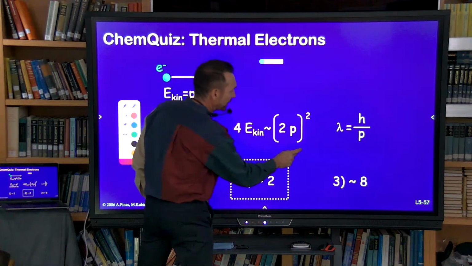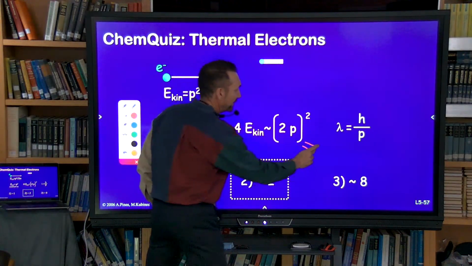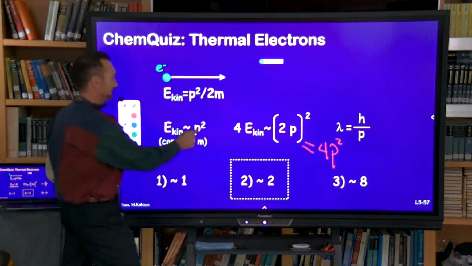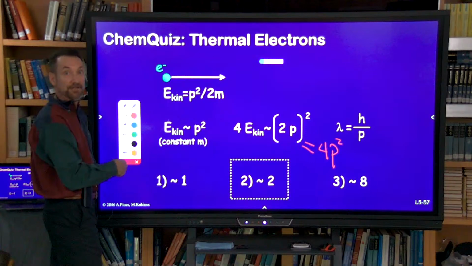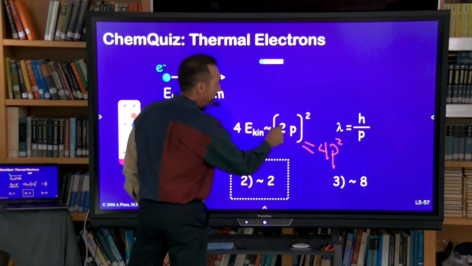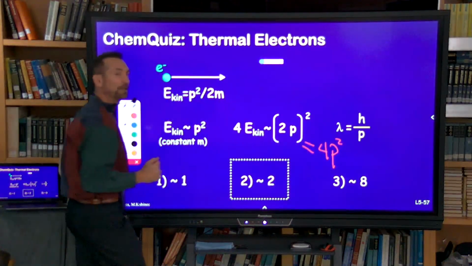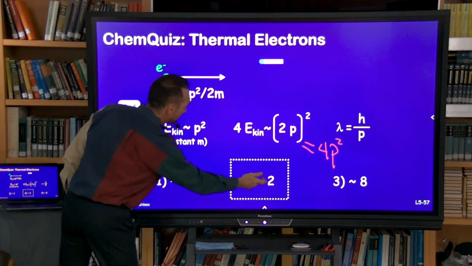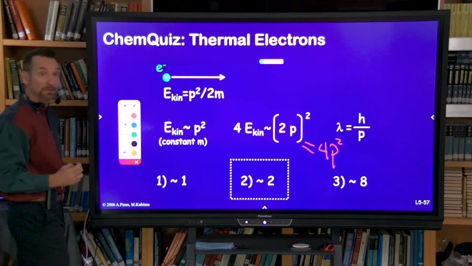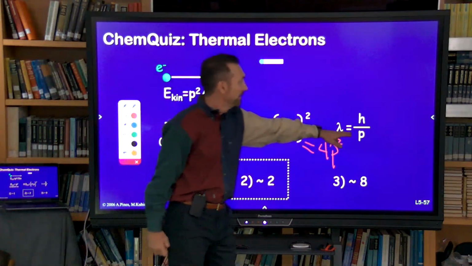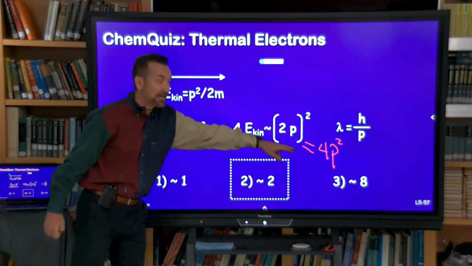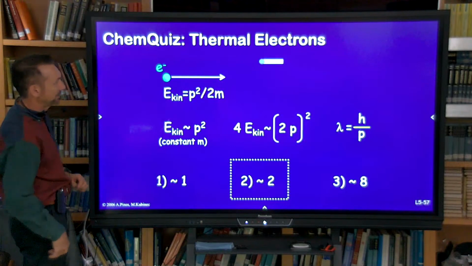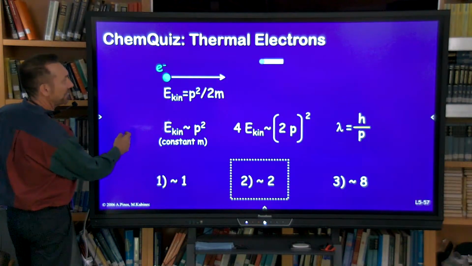If I write 2 times the momenta, that equals 4 times p squared. And p squared goes as the kinetic energy. So 2 times the momentum goes 4 times the energy. So I get a reduction by a factor of 2 in the wavelength from a factor of 4 in the energy. You can do that math, take a screenshot of that if you want.